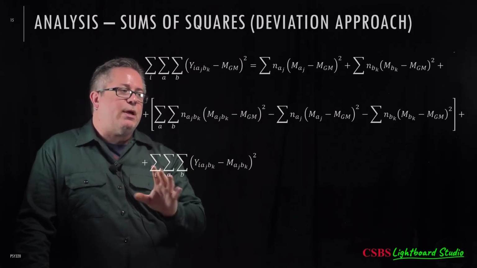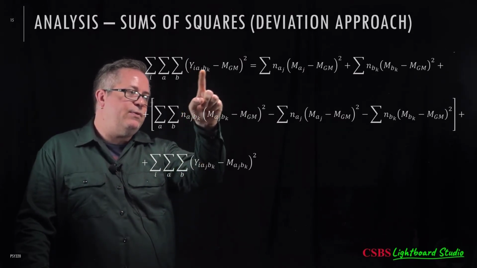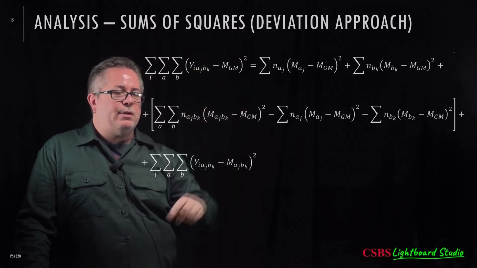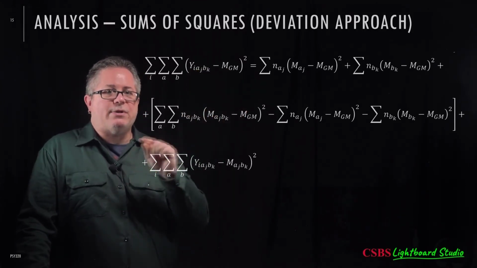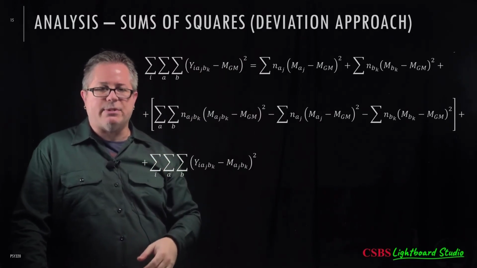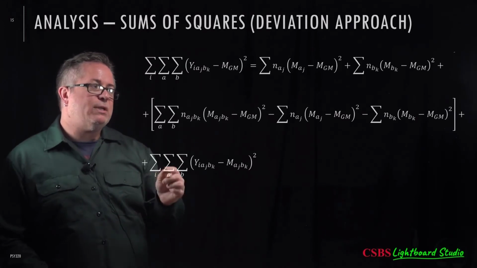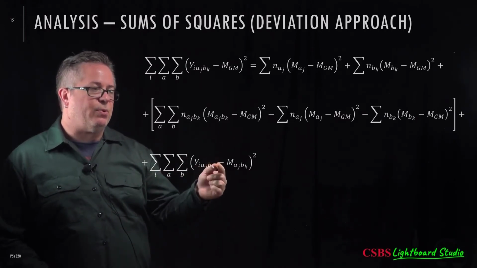So when we're summing up, I want each individual person around the grand mean, and I'm doing 27 different deviations. I know I have 27 babies in this example. So I'm going to do 27 deviations and scoring them.